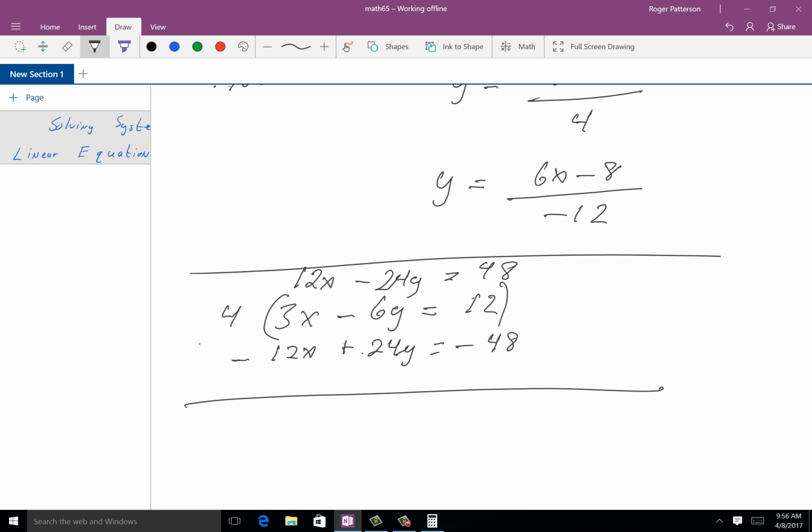So what's going to happen now in this situation? We're going to have 0 equals 0. Okay? So now this is even stranger than the other one.